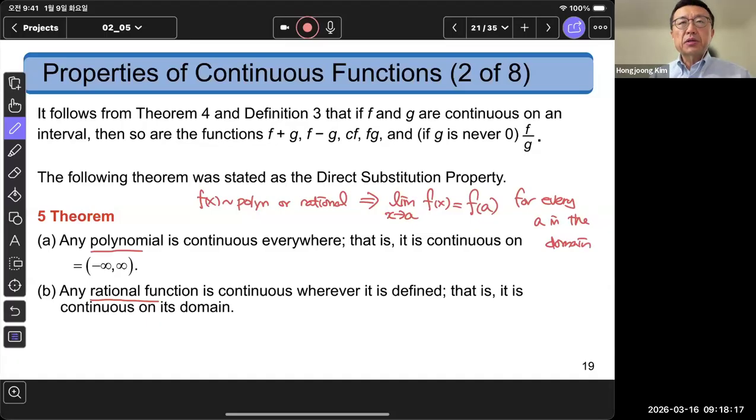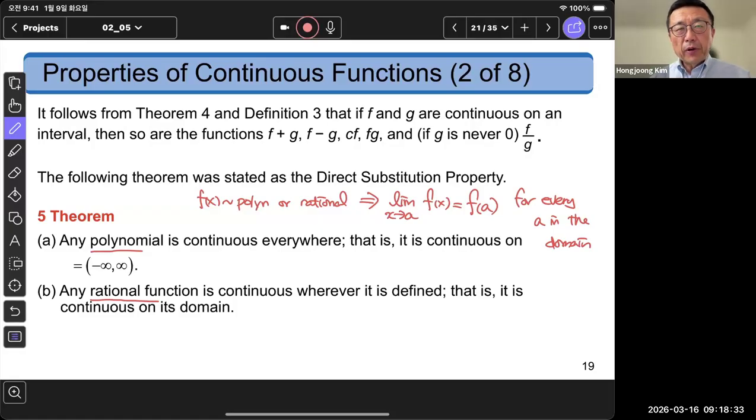We learned this property, right? So if we want to find the limit of the function as x approaches a, we could just plug in the value and evaluate the function there, right?